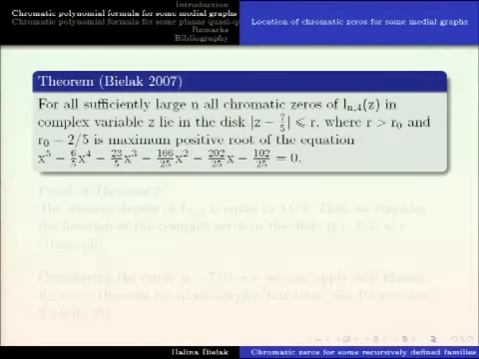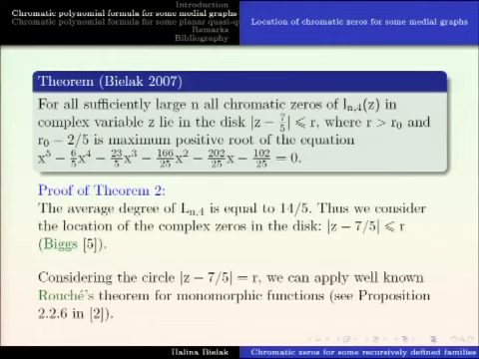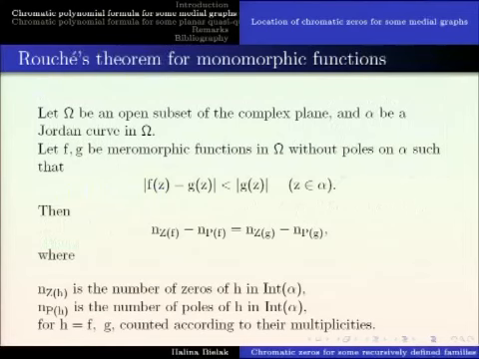To prove this, we use really the method presented by Biggs to find the center of the disk, the central point, and we also use the famous Rouché's theorem, discovered for meromorphic functions.